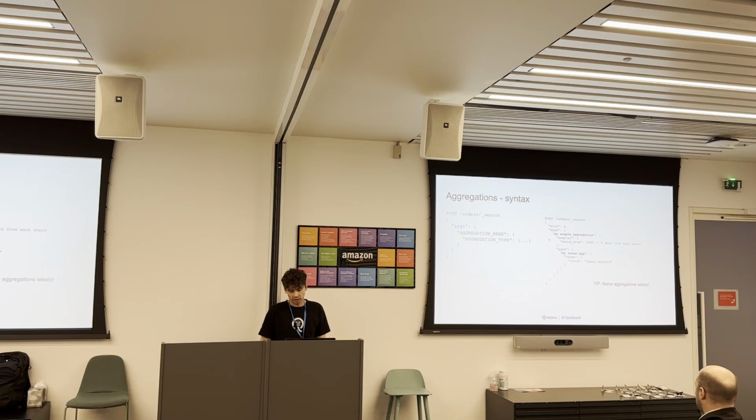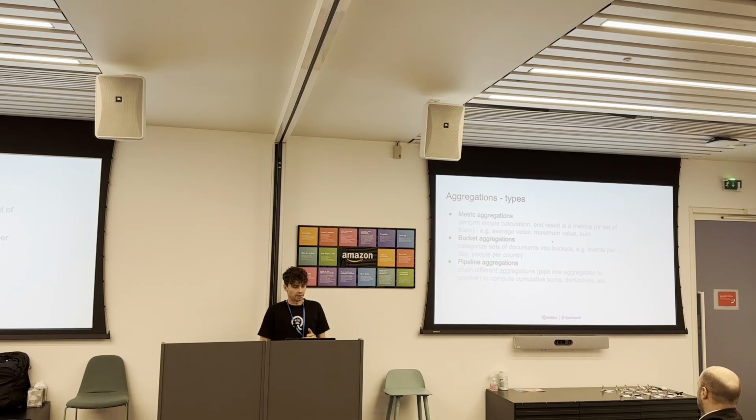I don't want to get into the sampler aggregation, but just so that you know, a sampler aggregation is basically an aggregation that takes only a specific number of documents per shard. And as you noticed here, you can also nest aggregations. So you can perform an aggregation over an aggregation result.